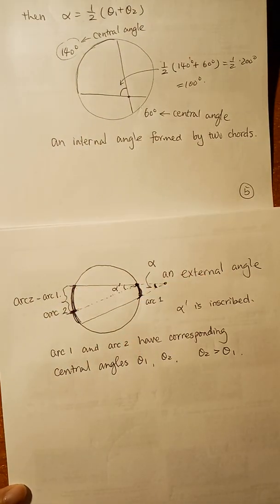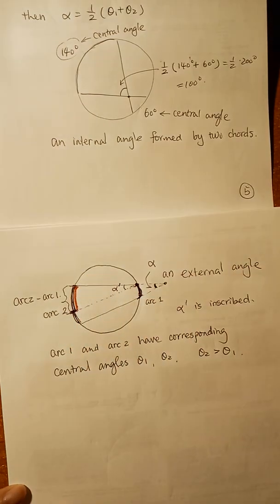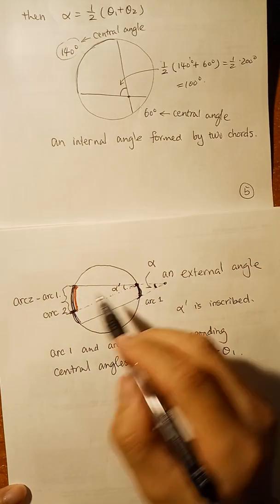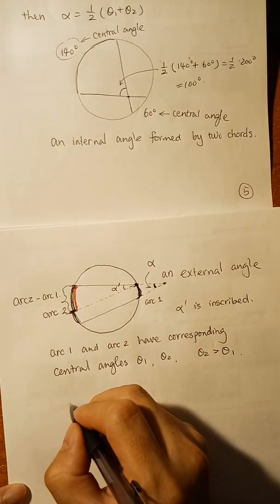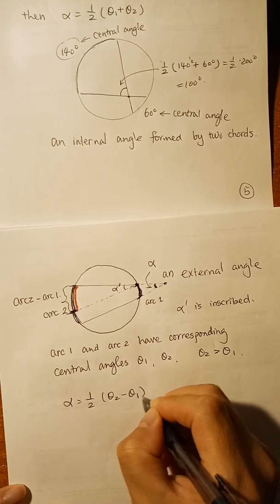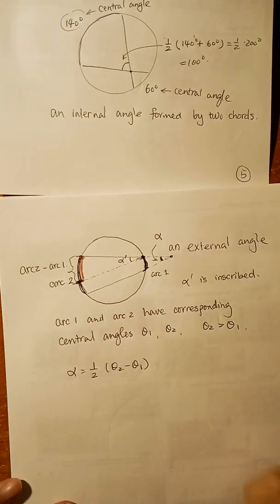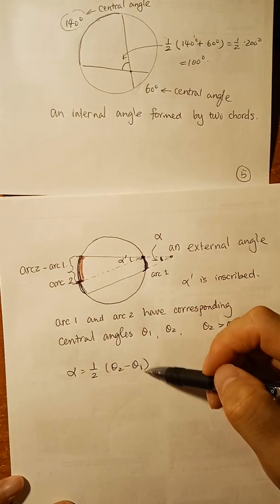This is arc 2 minus arc 1. Then alpha prime faces arc 2 minus arc 1. It's an inscribed angle, so alpha is 1/2 (theta 2 minus theta 1), half of the difference. The external angle is half of the difference.